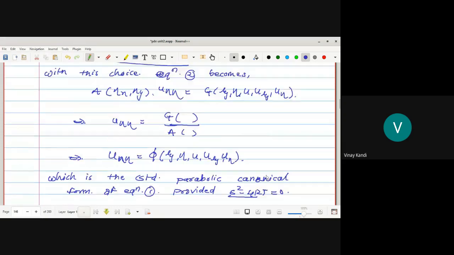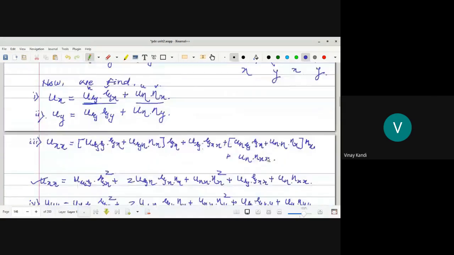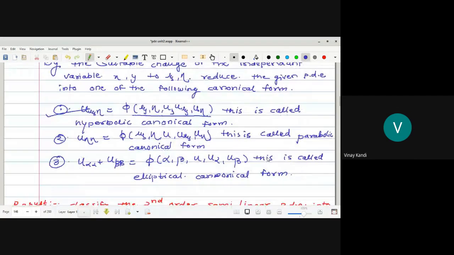Okay, in the last lecture we saw that, look at it in the classification of second order partial differential equation. This one, u eta eta is the function of xi eta u xi and u eta. Okay, which is called the parabolic canonical form.